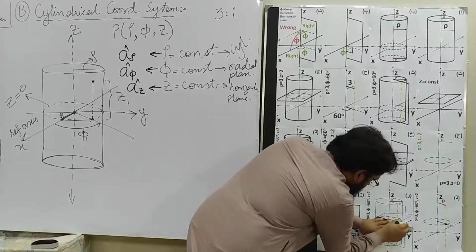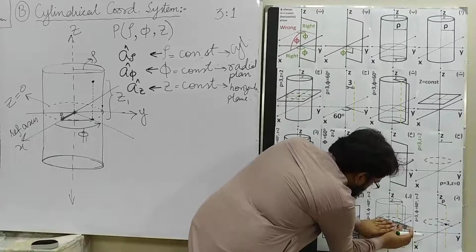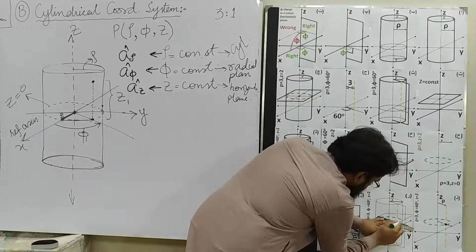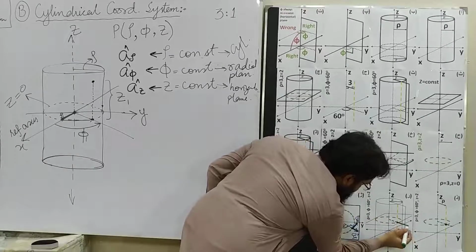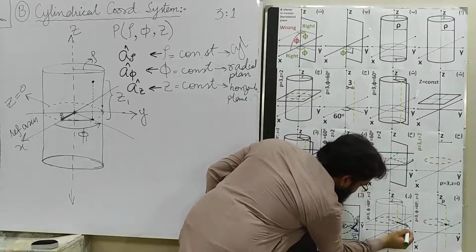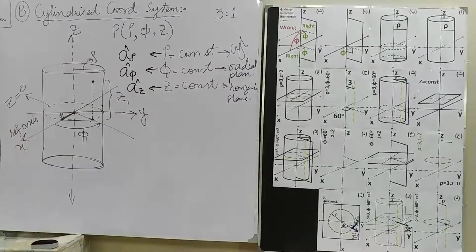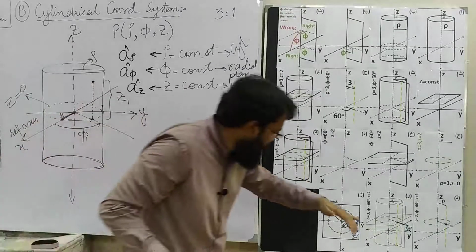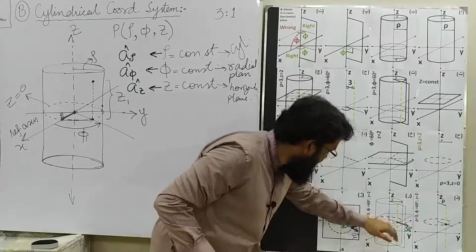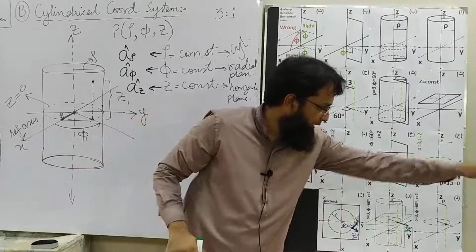Okay, I'm drawing it with green color. I hope you would be able to see it in green. If not, I'm sorry. This is green and this is a rho. So this arrow, since it is along this blue line, this arrow is lying on the horizontal plane.